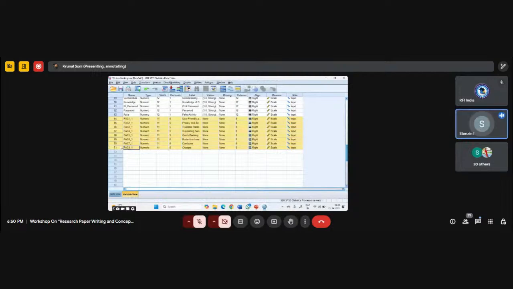Socio factors can be independent, and the banking scales might be dependent. Right, you are right. But why is it happening like this?